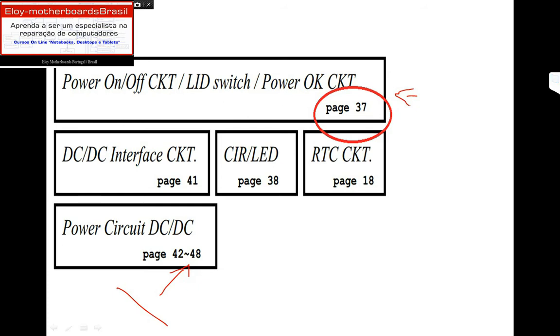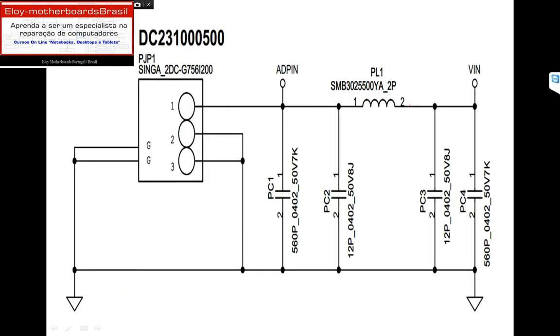So let's start with our power jack. As you might know, here we have our converter. This is called a converter. That's why in the LVDS circuit we have the inverter, because it's the opposite of a converter. This converter is plugged into 230 volts AC.